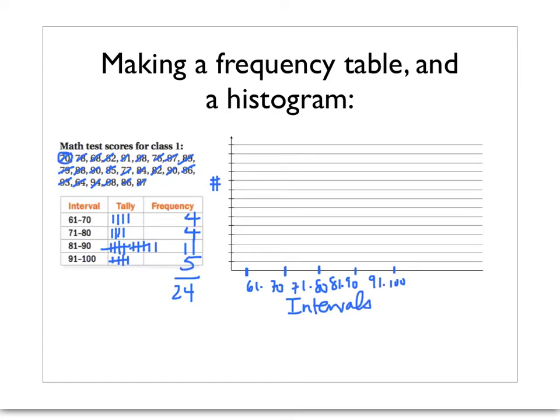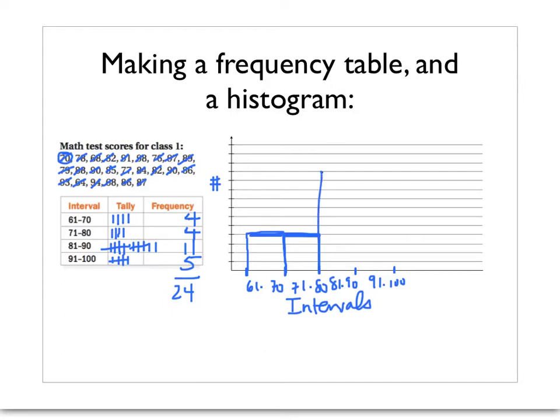And then in each column we put how many we had. So we're going to count by ones. This first one was 4, so we have this bar here. The second one was also 4, so you're going to have the same height bar. The next one was 11, so 5, 6, 7, 8, 9, 10, 11. I think that goes here.